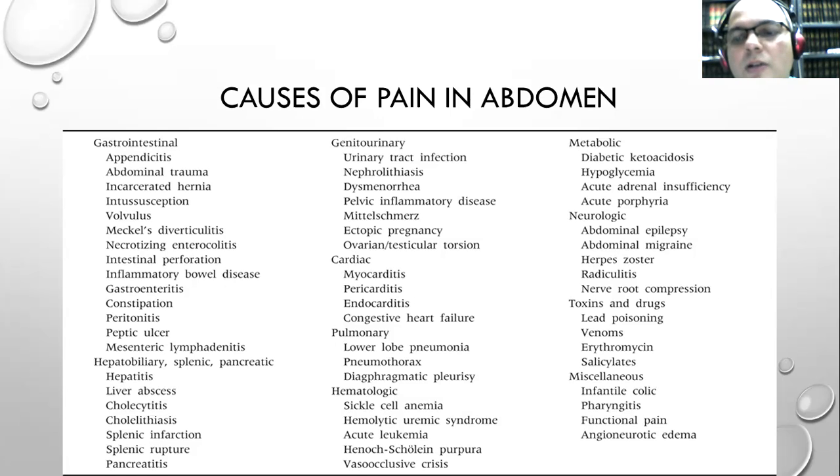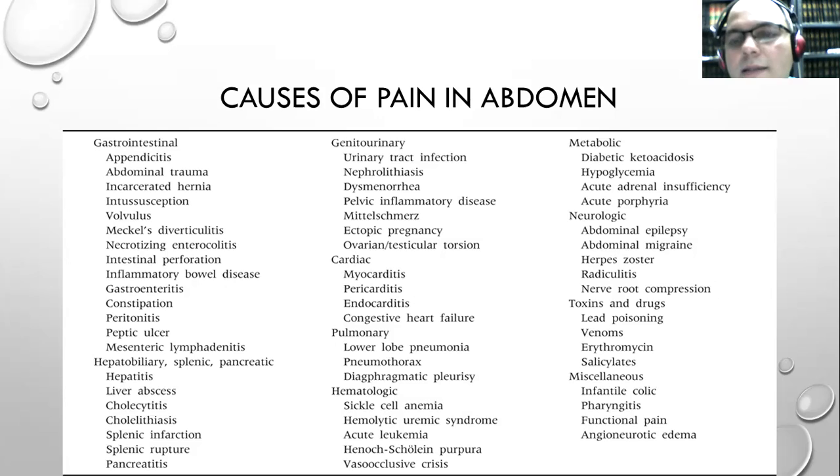Chronic use of these drugs can cause it; lead poisoning is very common. Long-term use of erythromycin, as in case the patient is sensitive to penicillin and the child cannot be given penicillin, then you need to give erythromycin for a longer term.